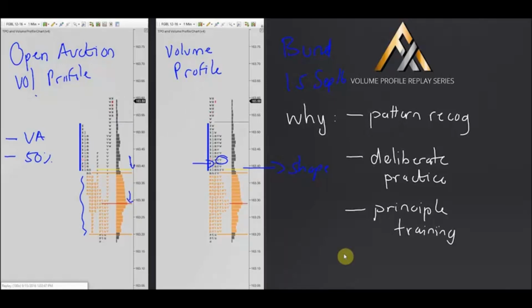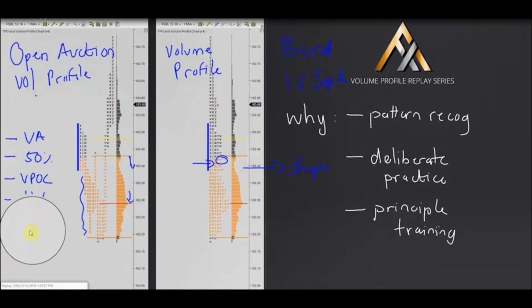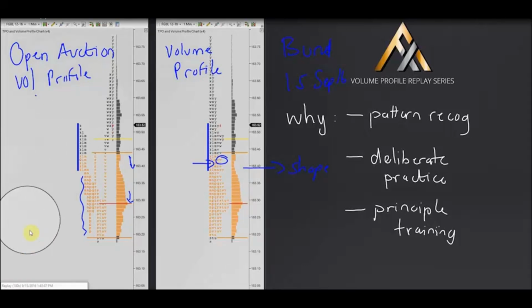We then have the volume point of control, which is the red line, again constantly moving, as well as obviously the high of the day and the low of the day, which are constantly changing as the market price changes. Those are just a couple of the types of evolving things you would look at when utilizing the replay functionality.